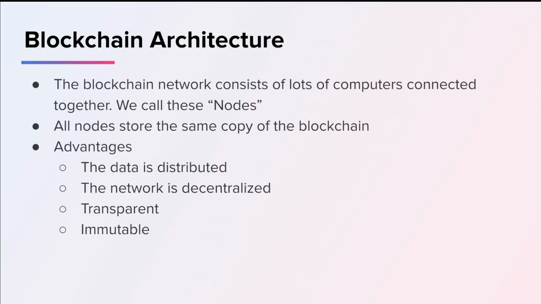It's immutable. Once the data is recorded on a blockchain, it cannot be removed or edited. And it's also secure due to the network structure and the high level of cryptography involved. And the result of all these properties creates this trust that people believe in, which has then created value.